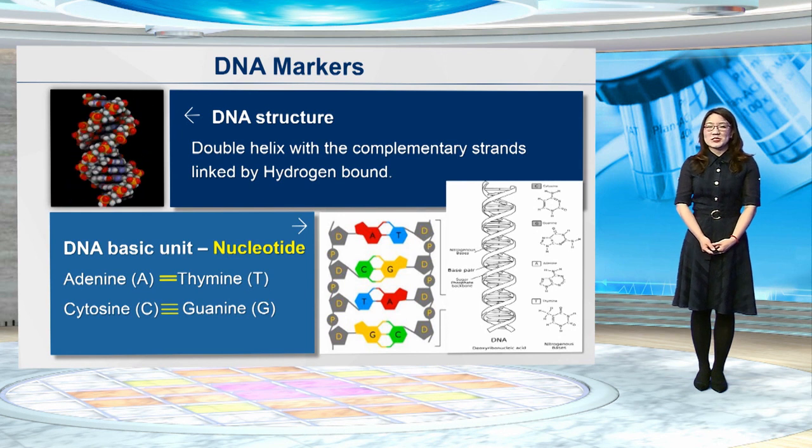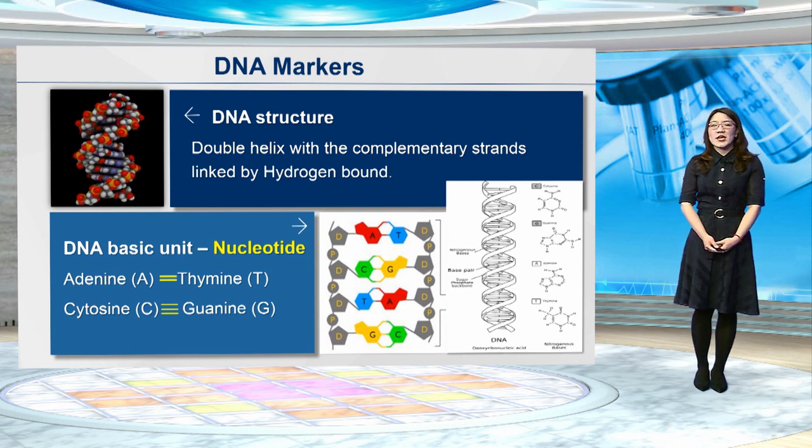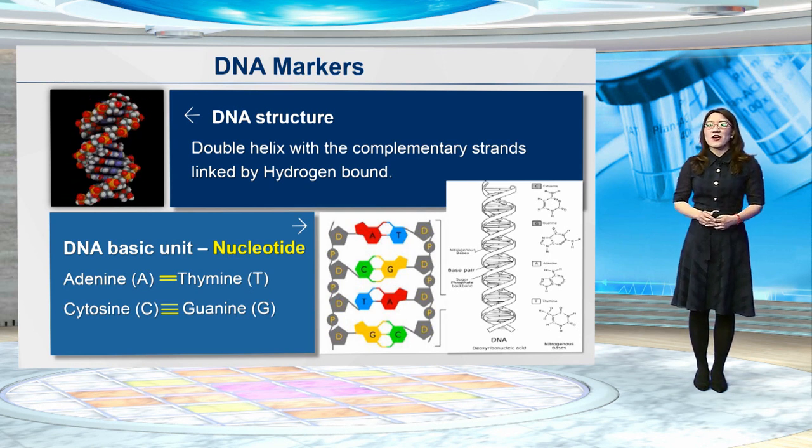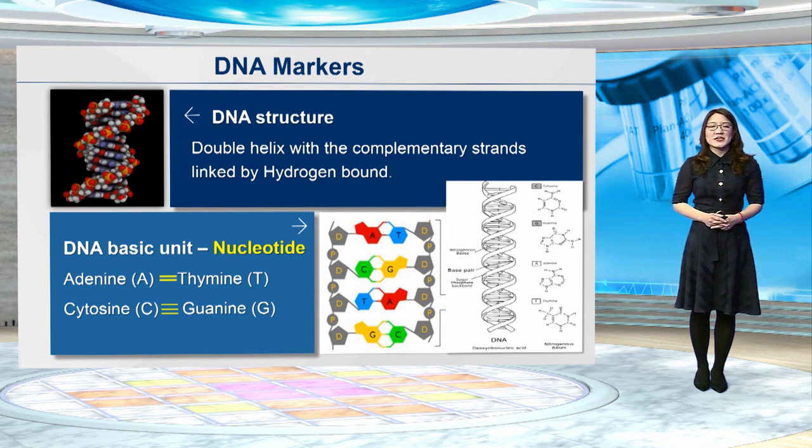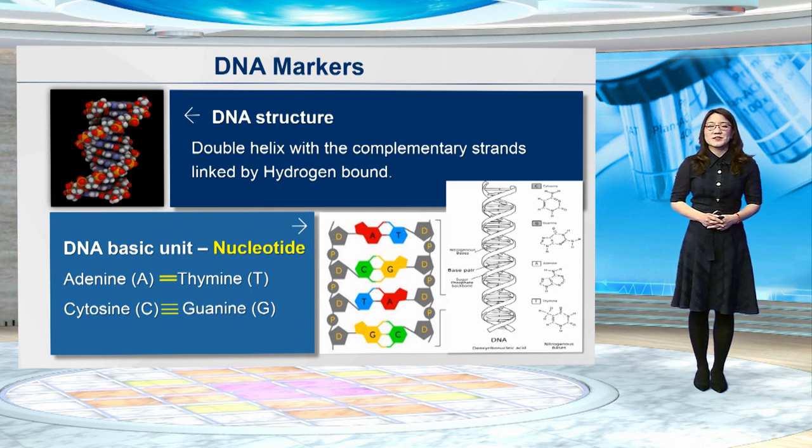The basic unit of the DNA molecule is the nucleotide, which consists of 4 different bases, including adenine, guanine, thymine, and cytosine, with the deoxyribose sugar and the phosphate group. Nucleotides are linked by DNA polymerase to form a polynucleotide chain connected by hydrogen bonds between adenine and thymine, or cytosine and guanine.